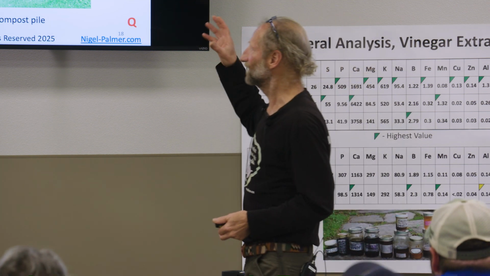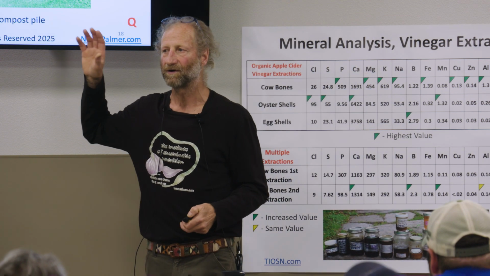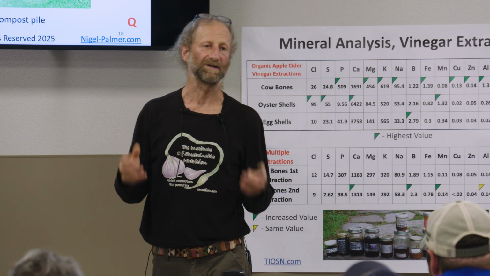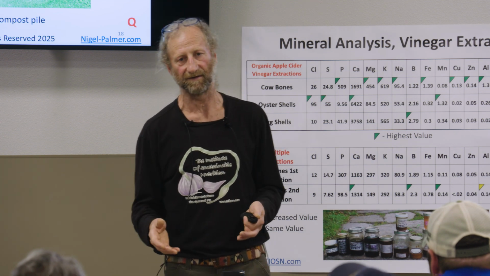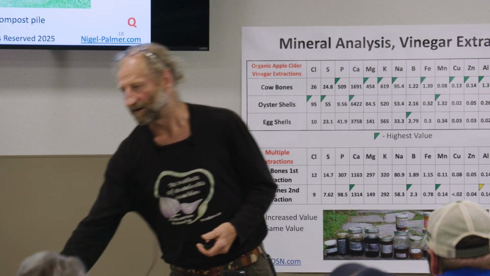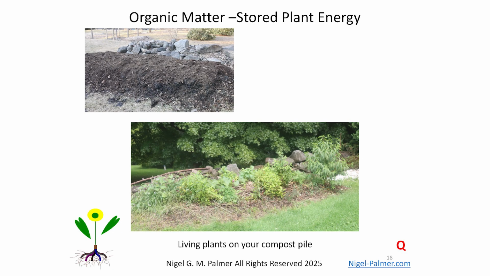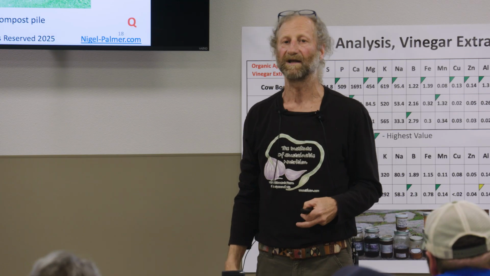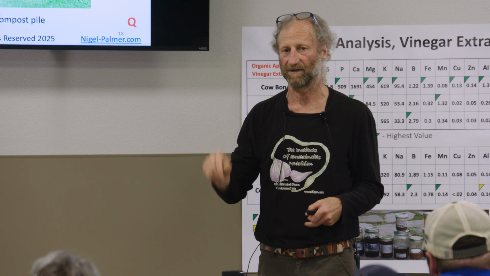And so by having plants grown on your compost pile, you can significantly increase the biological activity of that compost pile. And one final note, this is a peach tree that I grew from seed in this compost pile, and that peach tree is not quite a year old. I have a peach tree in another compost pile that is 2 years old. It is taller than I, and it has flowers on it. I'm going to get peaches out of my 2-year-old peach tree.